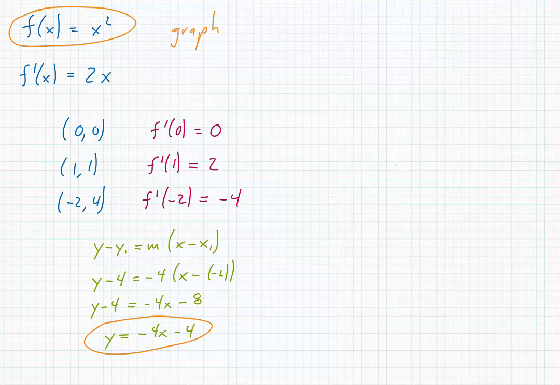And what you should find is that they should intersect at the point negative 2, 4, that this tangent line will essentially just kind of kiss the function x squared right at negative 2, 4. That is, it won't intersect it anywhere else right around that point negative 2, 4. Matter of fact, in this specific case, it shouldn't intersect it anywhere else at all. And you should be able to see then that what we actually do create is a tangent line.